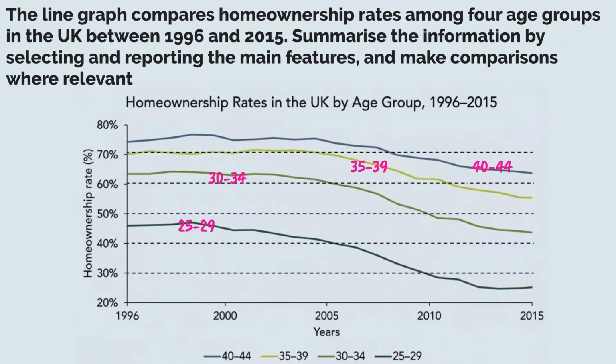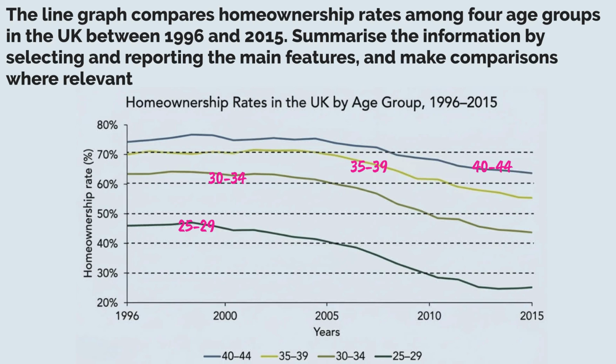This is the prompt. The line graph compares homeownership rates among four age groups in the UK between 1996 and 2015. Summarize the information by selecting and reporting the main features and make comparisons where relevant.